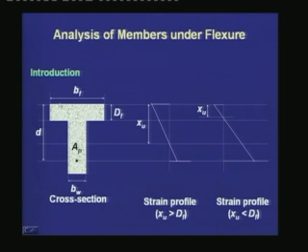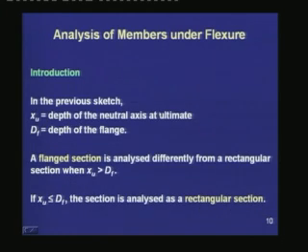Now, in this particular lecture, we are studying the first case where XU is greater than DF. In the previous sketch, XU is the depth of neutral axis at ultimate, DF is the depth of the flange. Thus, a flange section is analyzed differently from a rectangular section when XU is greater than DF. If XU is less than DF, the section is analyzed as a rectangular section.